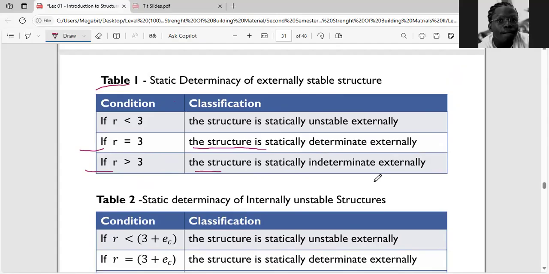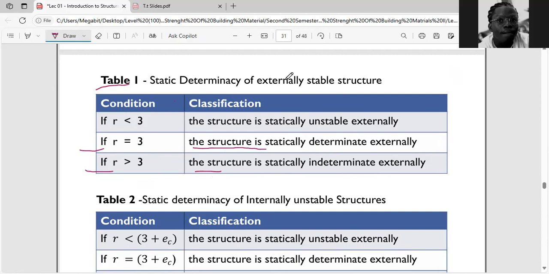But if the beam is carrying only 3 reactions and we compare this to our standard table, you realize that if R is equal to 3, then the structure is statically determinate externally. But in a case where you have just 1 roller support, you realize that the structure is statically unstable externally. Okay, so that is also a different phenomenon altogether.